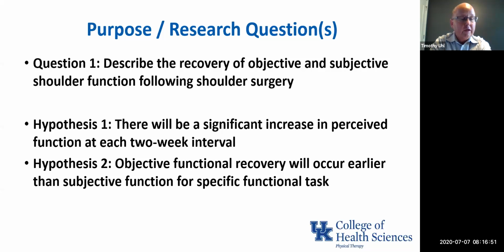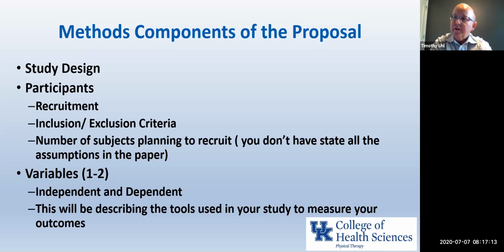We'll see a significant increase over time in perceived function. And then I have a third question, that objective functional recovery will occur earlier than subjective functional recovery for specific tasks. So as we go through that, we want to see if there's really a difference in time. There might not be, but we're going to look at that.